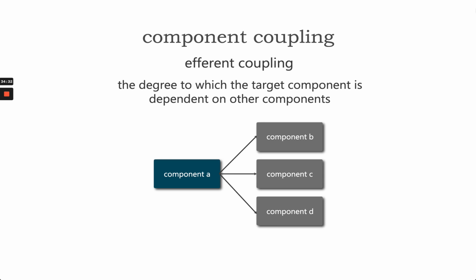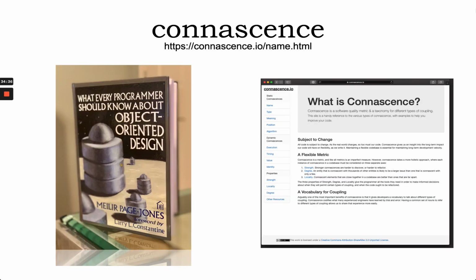But I want to talk about something else for just a second, which is connascence. This is from a pretty interesting book called What Every Programmer Should Know About Object-Oriented Design by Meilir Page-Jones. This was written back in the early 1990s. In fact, 1993 is when I want to say this book was published.